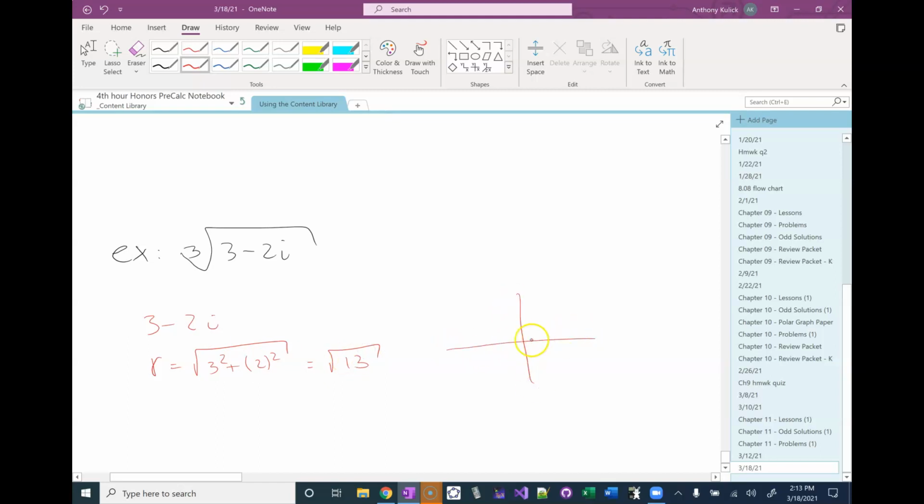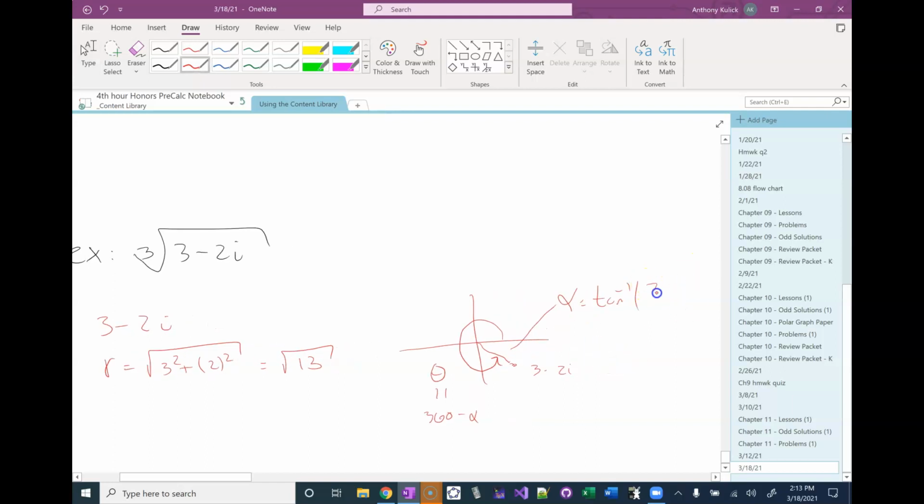And if I plot this, 3, negative 2 is down here. This is our angle theta. This is our angle alpha. So I know theta is going to equal 360 minus alpha, where alpha is the tan inverse of the absolute value of y over x.